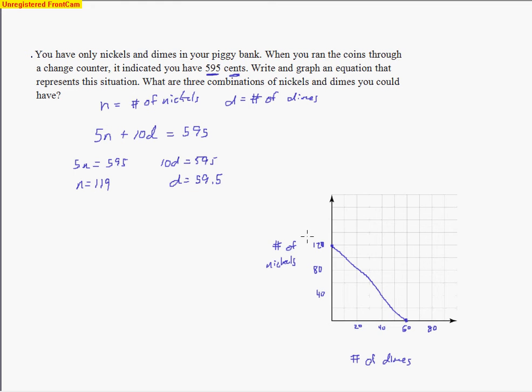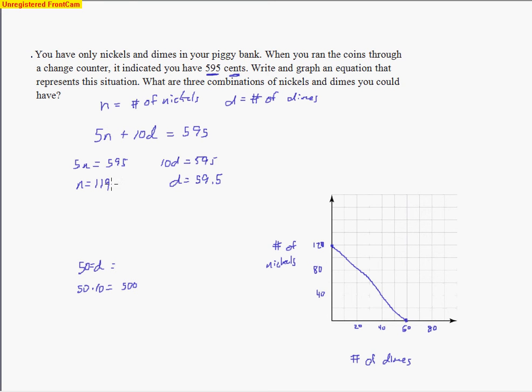So what they want to know is, what are 3 combinations of nickels and dimes you could have in this situation? The answers could definitely vary. So let's say I had, how about 50 dimes. If I had 50 dimes, 50 times 10 would equal 500.